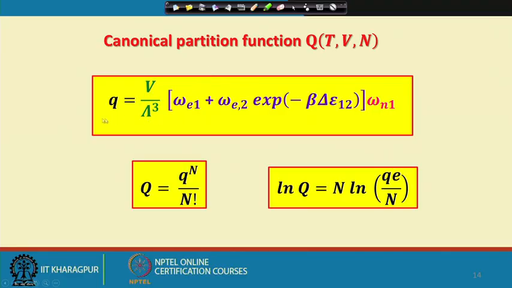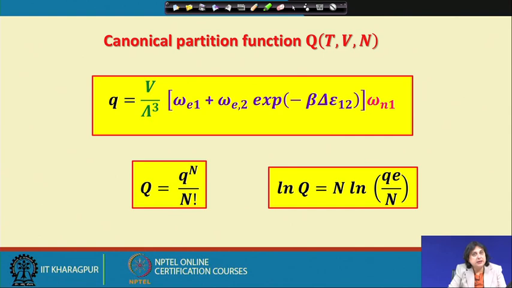So now you have the microscopic picture complete, and then you can write down the single particle partition function for a monatomic ideal gas in terms of the volume of the system, the thermal de Broglie wavelength, which depends on the mass of each gas atom as well as the temperature at which this gas is present.